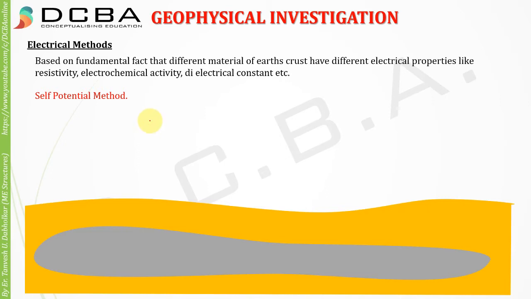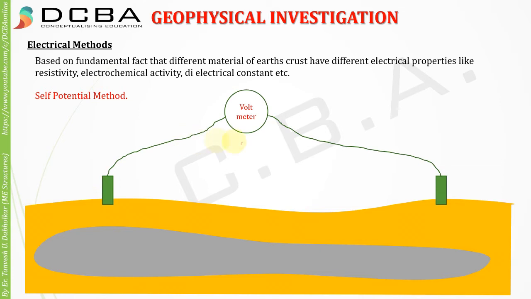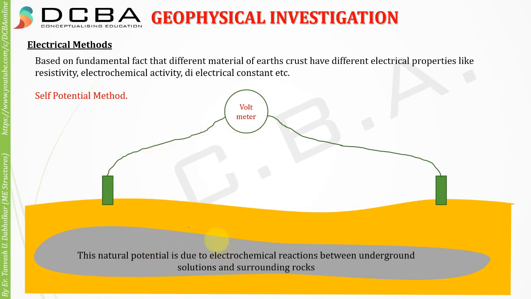Based on that fact, we have this first self-potential method, and in this what we do, let us say that this is a huge terrain and this is soil, and inside there is a rock bed. What we do is that we put two electrodes here and then we connect them to a voltmeter. Simple. The natural potential in this rock is due to the electrochemical reactions between the underground solution and surrounding rocks.